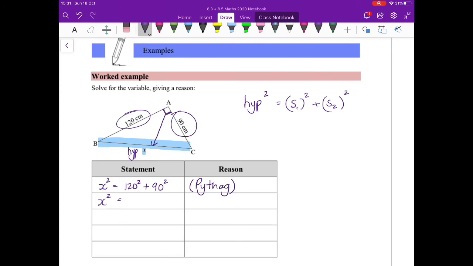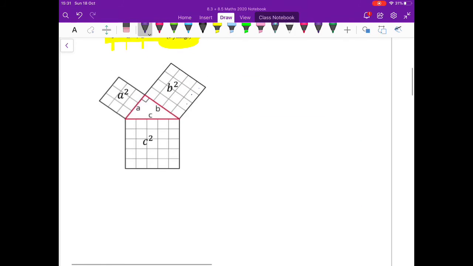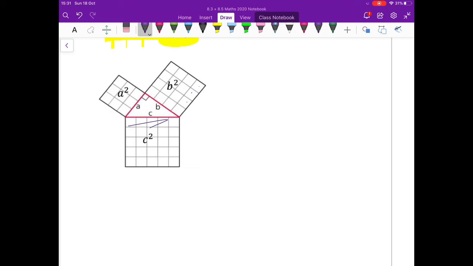So x squared equals 120 squared is 14,400. Plus 90 squared is 8,100. If I add them together, x squared equals 22,500. Now, remember that we've got the value of these squares added together.